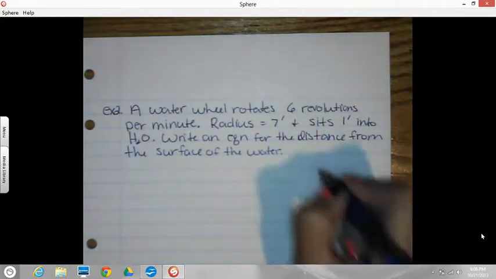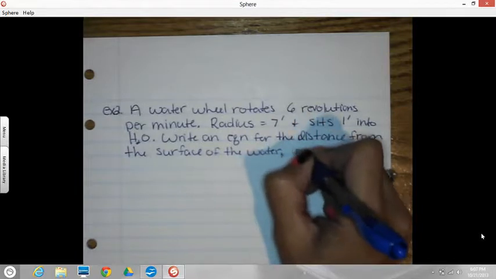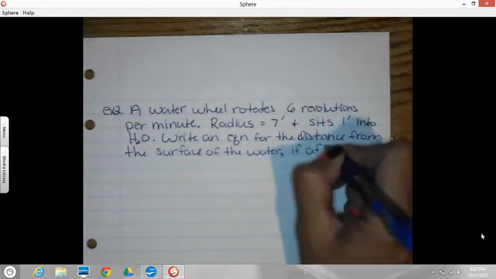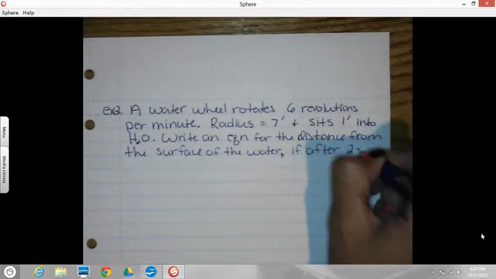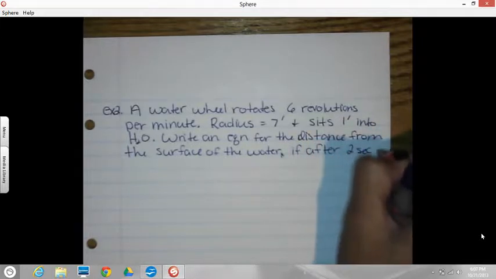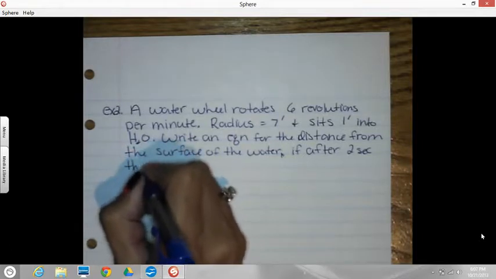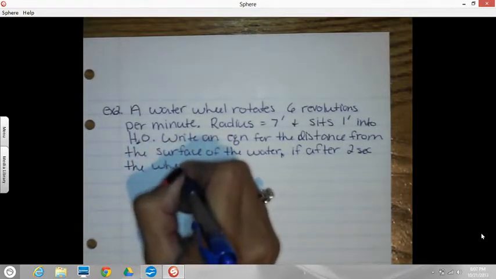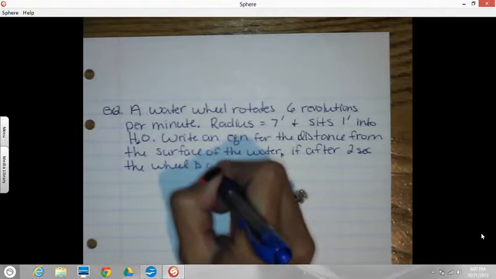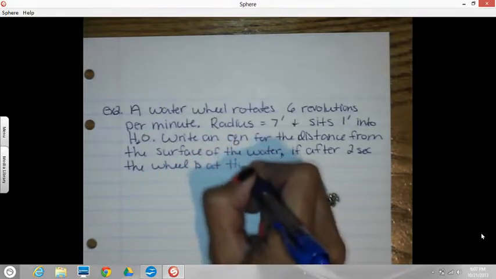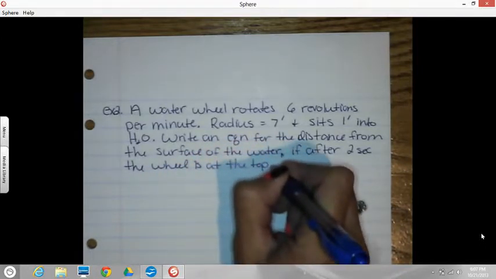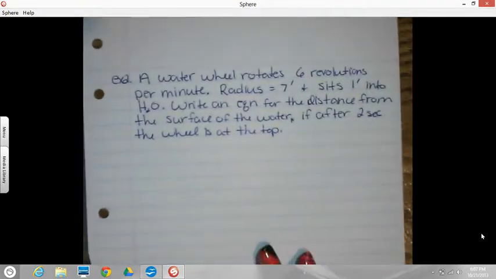If after 2 seconds the wheel is at the top. Okay, so let me draw a picture of the water wheel.